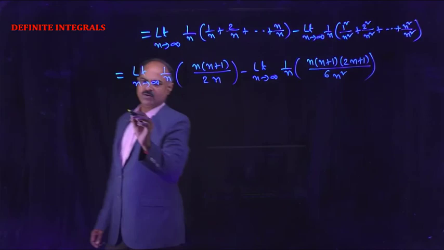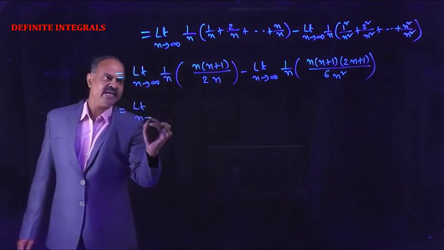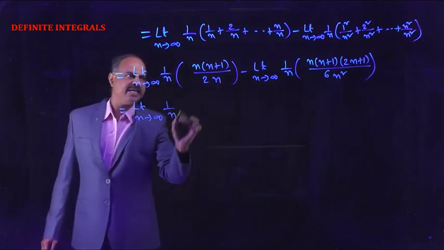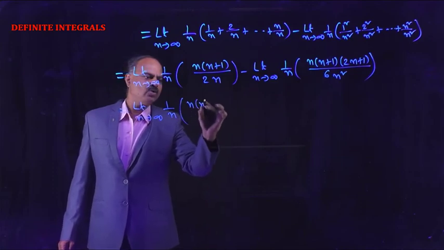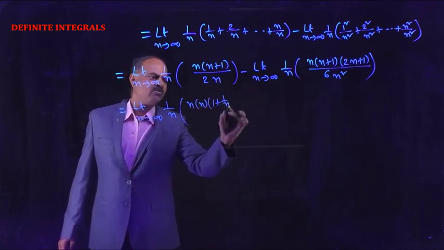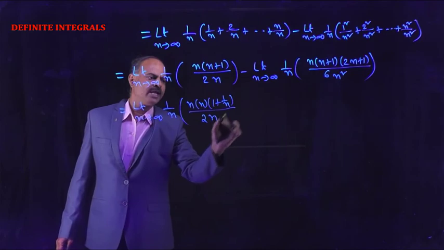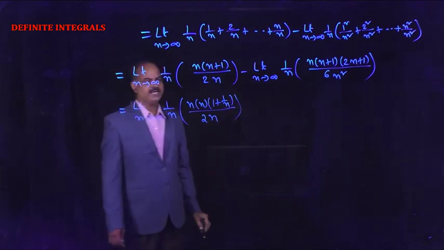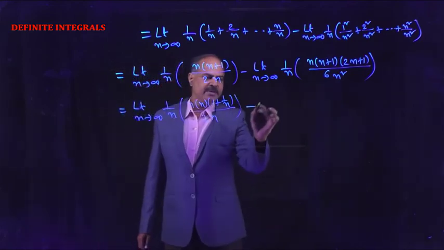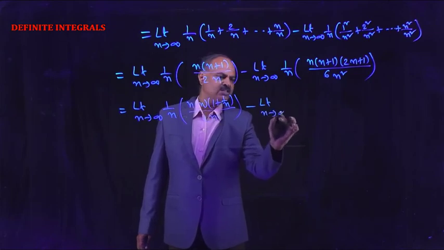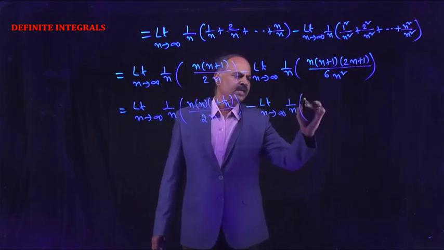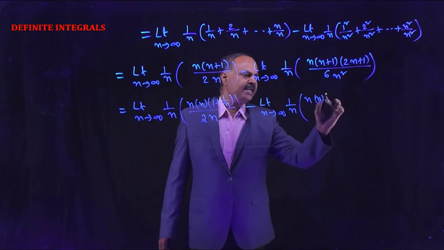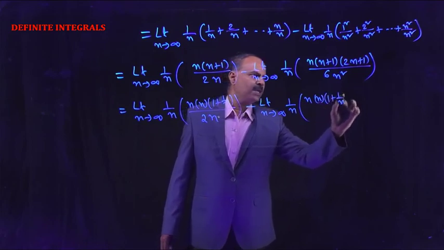Now this is equal to limit n tends to infinity 1 by n into n into 1 plus 1 by n by 2n, minus limit n tends to infinity 1 by n into n into 1 plus 1 by n.